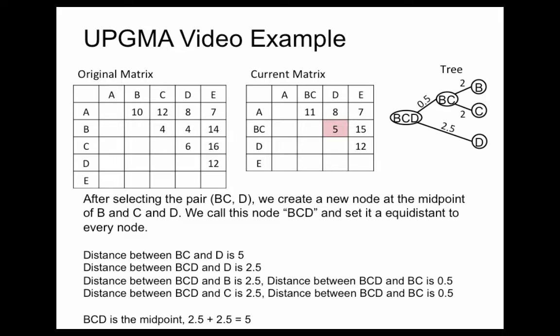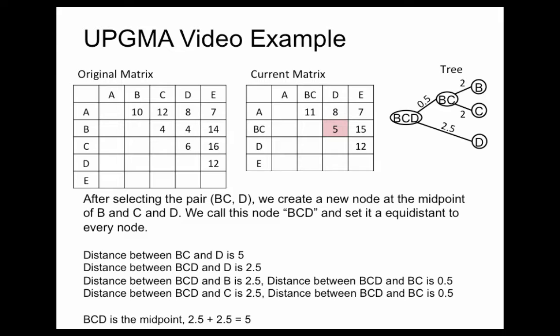So all these kind of split off at a very similar time, is what that's saying. Because B, C, and D's most recent common ancestor has to be equidistant to B, C, and D, it's 2.5 distances away from D, 2.5 from C, and 2.5 from B. So now the most recent common ancestor is just the midpoint of B, C, and D.